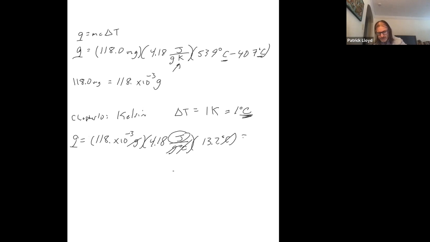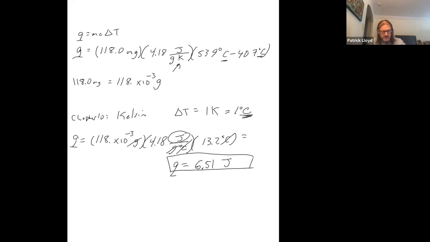So Q equals, let's take a look at this, times 4.18 times 13.2, and you get, is it really that small? It might be. 0.118 times 4.18 times 13.2. It's actually pretty small. It's only about 6.51 joules. That would be our units that are left there.